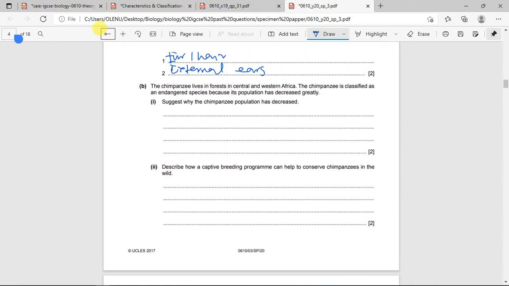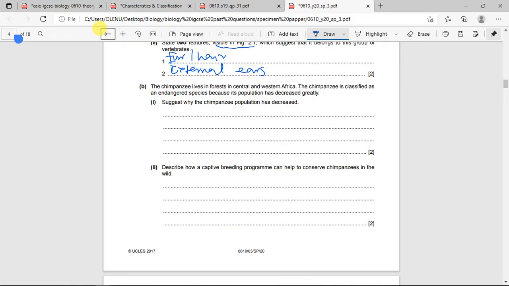Now, they said the chimpanzee lives in a forest in Central and West Africa. The chimpanzee is classified as an endangered species. That means it will soon be wiped out because the population has decreased greatly. Suggest why the chimpanzee population has decreased. It will decrease because of habitat loss, so their home is being destroyed.